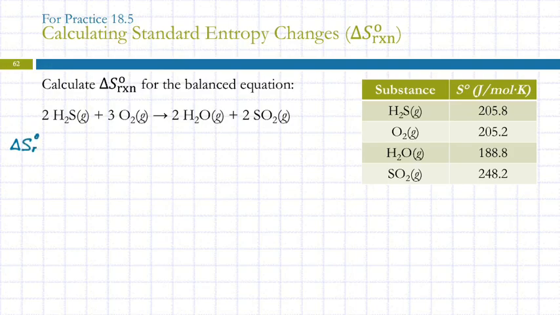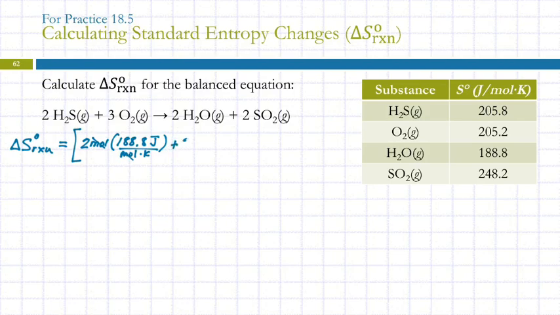So the standard entropy change for the reaction. I'm going to take the products. So I have 2 moles of water. So I'm going to multiply 2 moles of water by its molar entropy, 188.8 joules per mole Kelvin. And the moles cancel out.